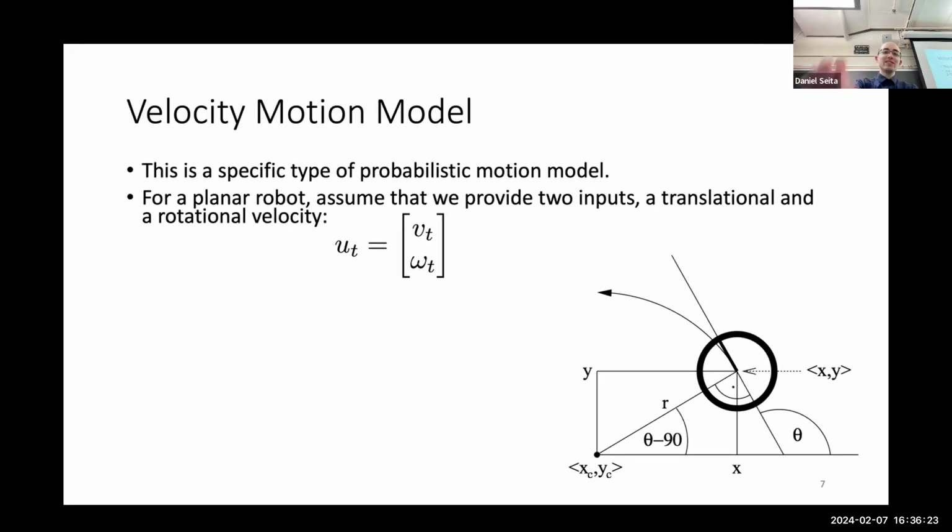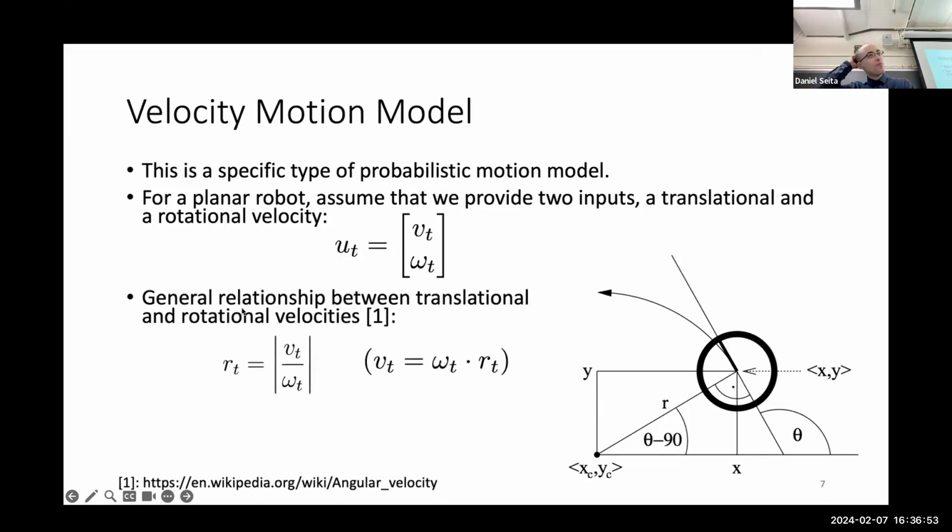I'm just choosing this to make it as simple as we can to discuss how we analyze the motion model. But if you're working with a different robot, you'll have to adapt whatever we discuss to your particular robot. So what is UT? UT is the control or the action, and then we have the translational and the rotational velocity, right?